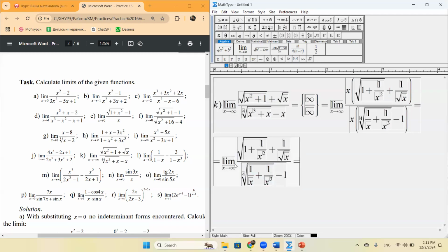So currently, if I substitute infinity, I will have no indeterminate forms. So what will I have? 1 plus 0 plus 0. And here as well, 0 minus 1. So the result is -1.